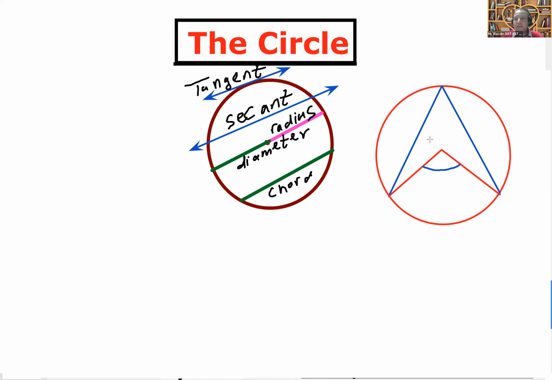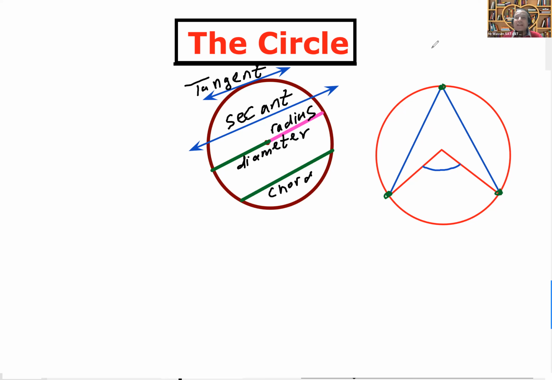This is central angle. What about the upper? It's not central. It's not from the center. It's from the circumference. That's why it can be named circumference angle. Another name: the three parts, this one, and this one, and this one, are on the circle.